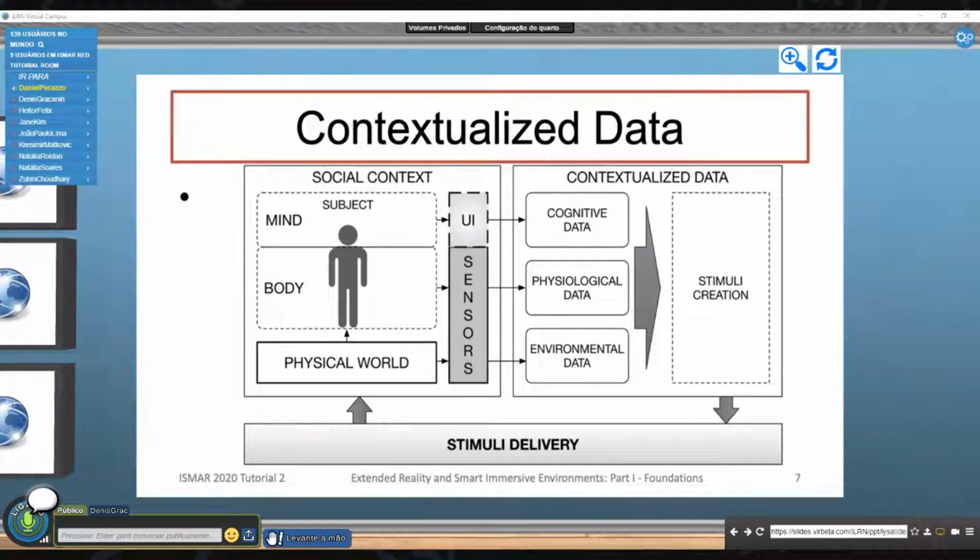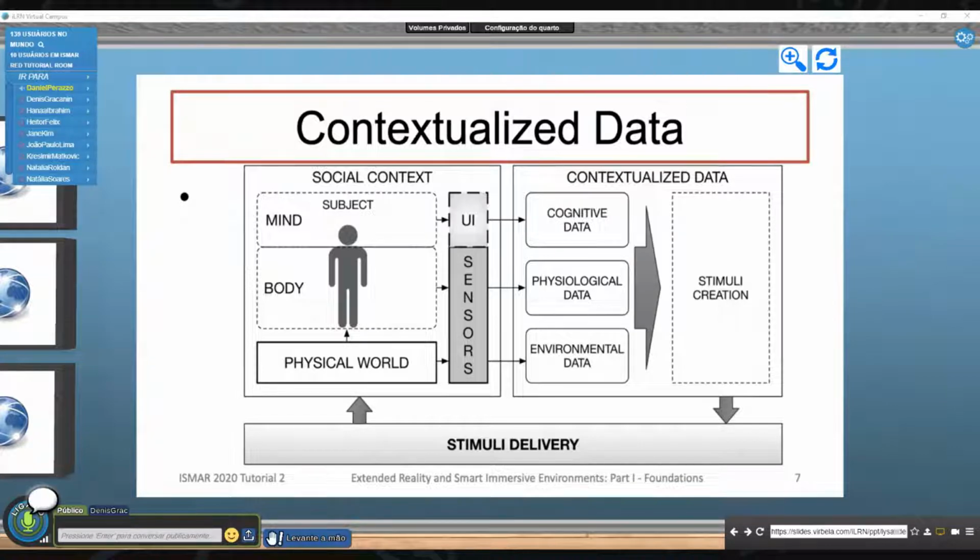And now that stimuli is being delivered to users in the physical world, and now we are closing the loop. And the whole idea behind smart tourism environments is that we can provide that contextualized data to extended reality applications and use them effectively.